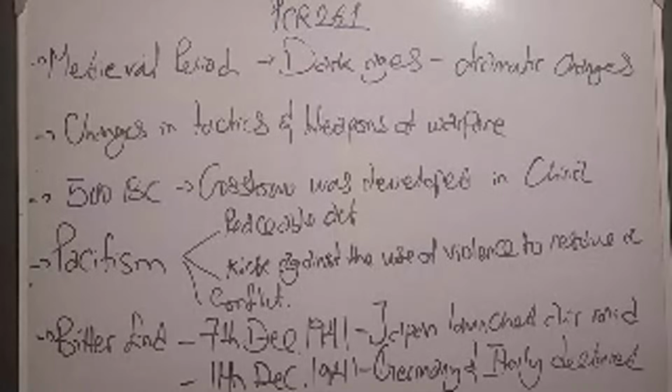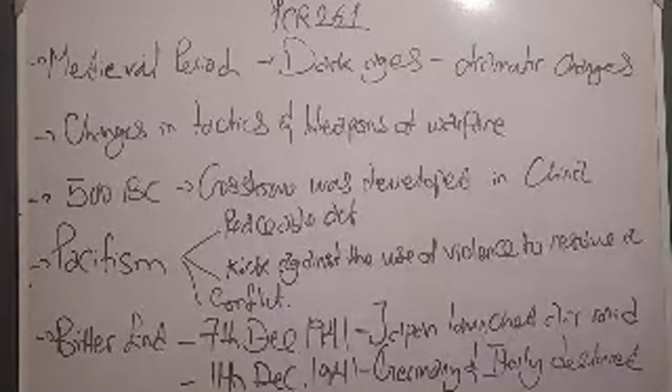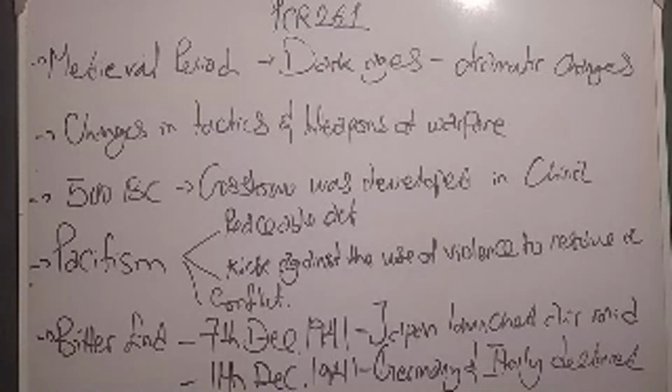Japan had the numbers, and for the US to neutralize them, they needed to think of more effective strategies, and the US had to resort to the use of the atomic bomb.